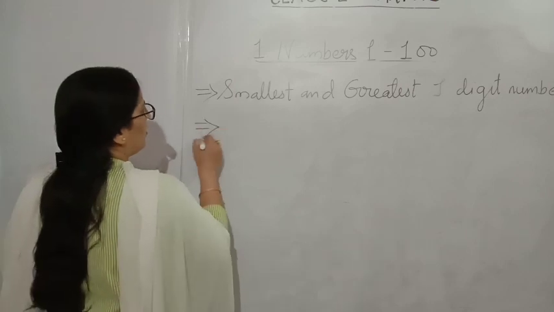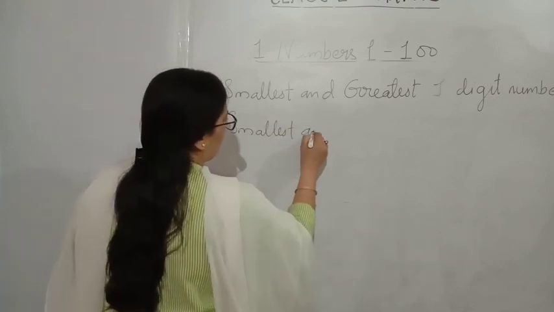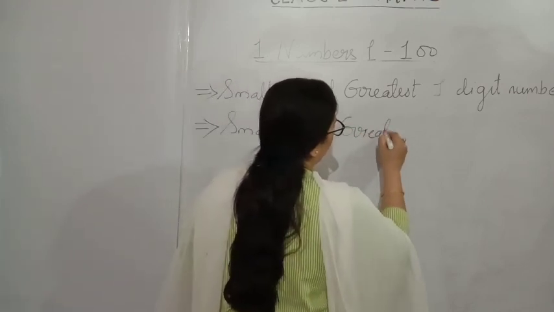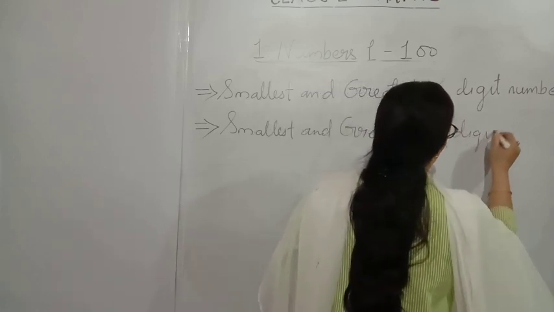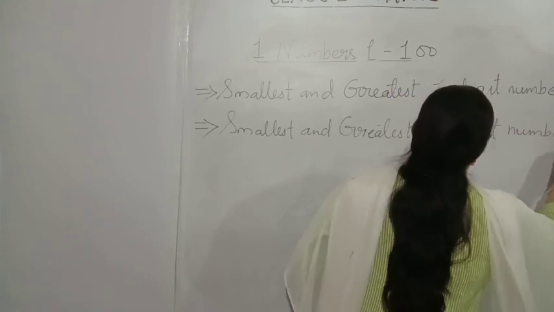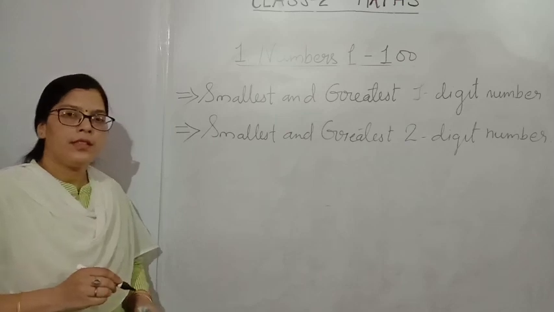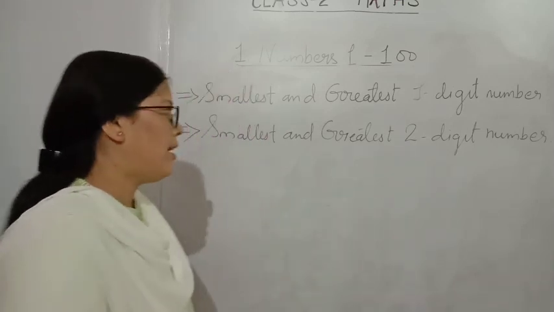Then smallest and greatest 2-digit number. So smallest 2-digit number is 10 and greatest 2-digit number is 99.